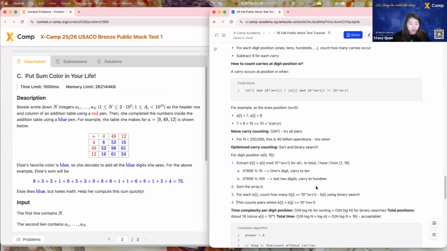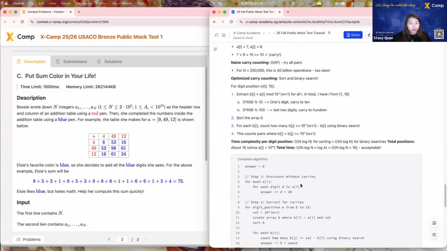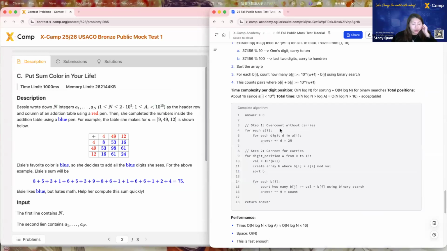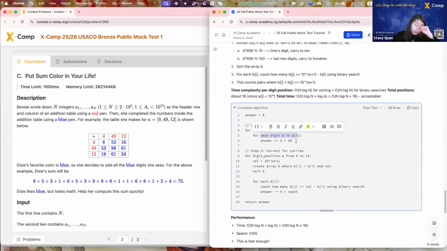The complete algorithm would be: first you overcount without carries. So for each A_i in the input, and then for each digit in A_i, you add up the sum together, because each digit is contributing a number of times. And then you correct it for the carries.